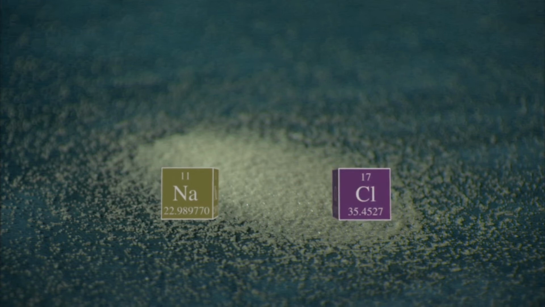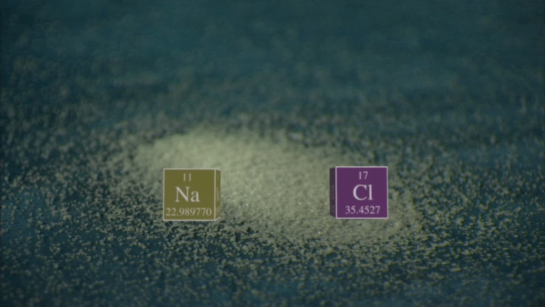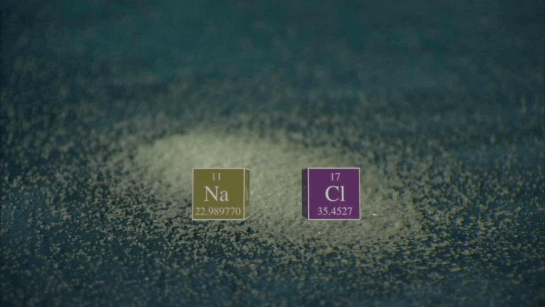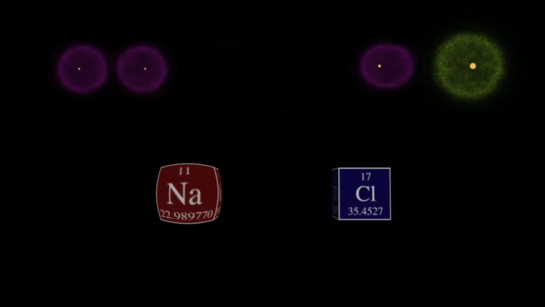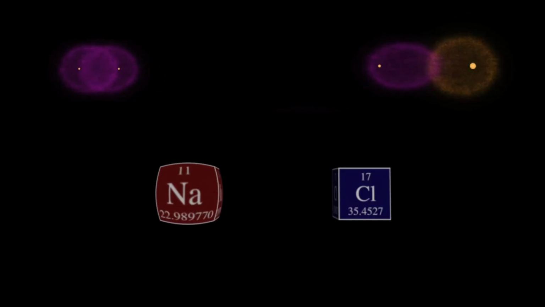Now a very old saying takes over. Opposites attract. So here, the atoms are drawn towards one another by their positive and negative charges. If there are enough atoms, we can eventually wind up with something as big as a single salt grain. This kind of bond is called an ionic bond.